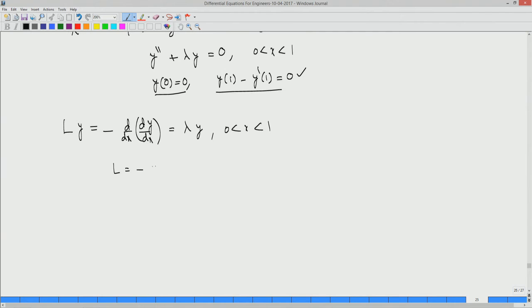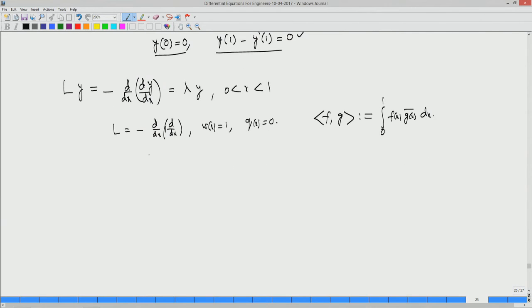So L is minus d/dx of (1 times d/dx), p is 1, w is 1, and q is 0. I can define the dot product here on 0 to 1, with w equal to 1, as the integral of f(x) g(x) bar dx.